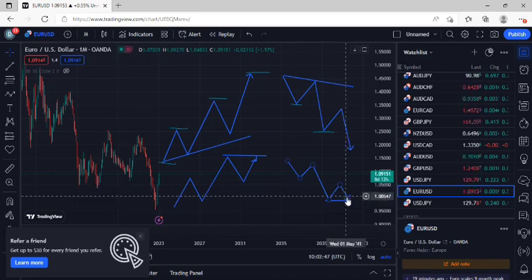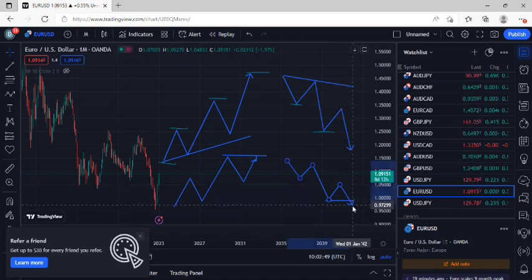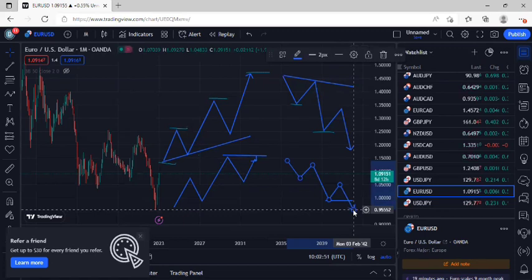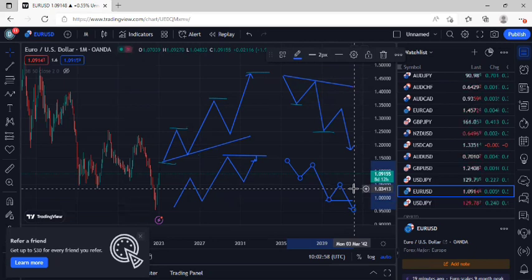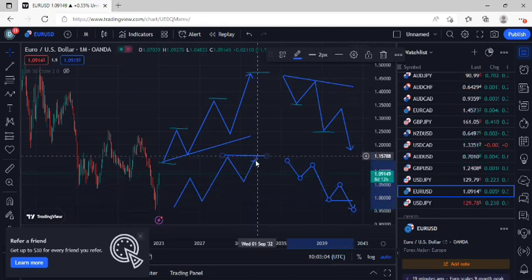But when the market breaks the structure like this, before reversing, before pulling back, that means there is a continuation. There is a price continuation or trend continuation. But the moment it is unable to break the previous high, that means there is a reversal.